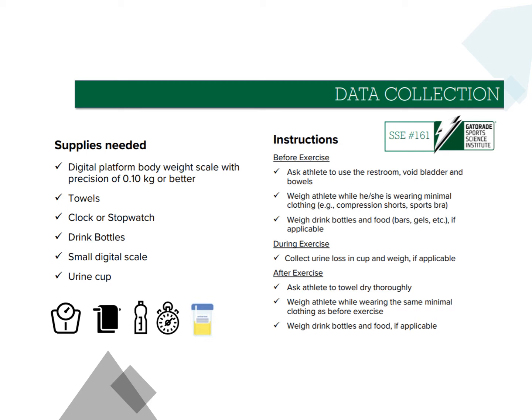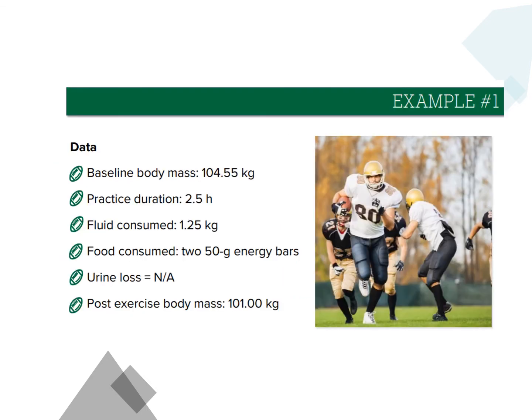And after exercise, you'll weigh yourself after you towel your skin, get all the moisture off your skin, the sweat off your skin, and determine what volume or weight mass that you consumed of beverage and or food if applicable.